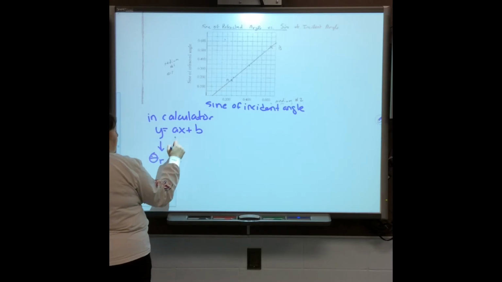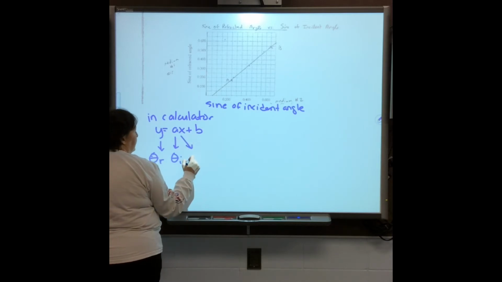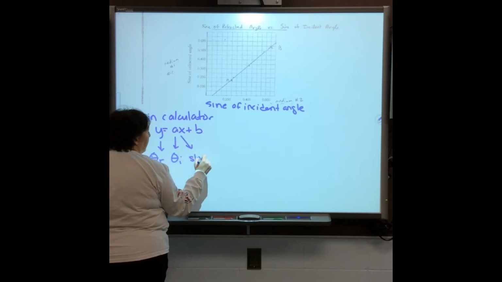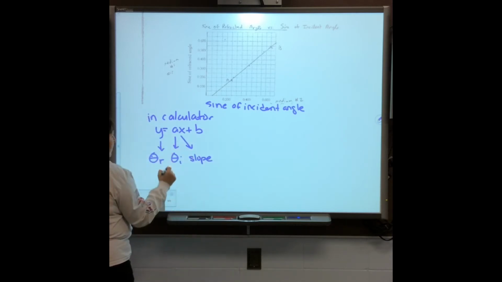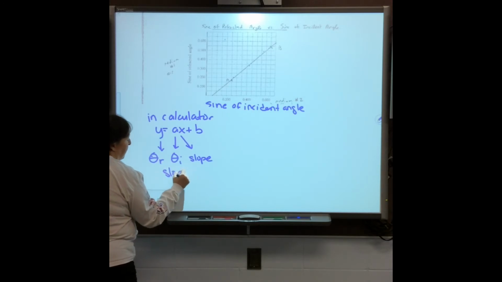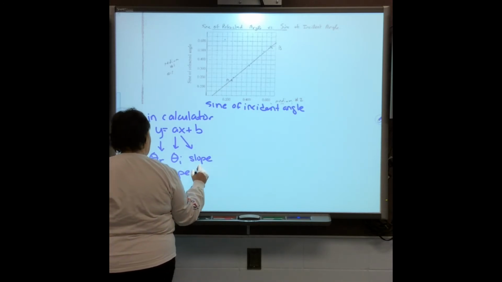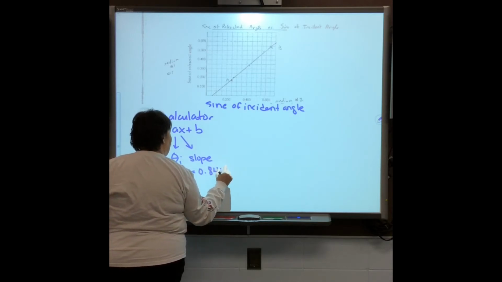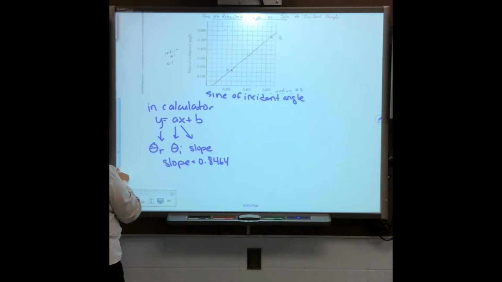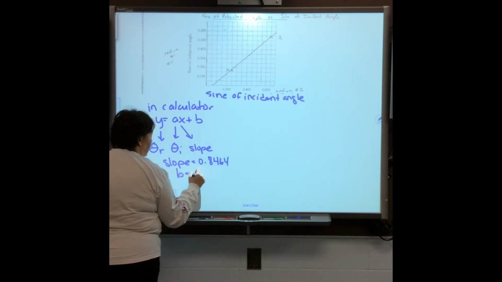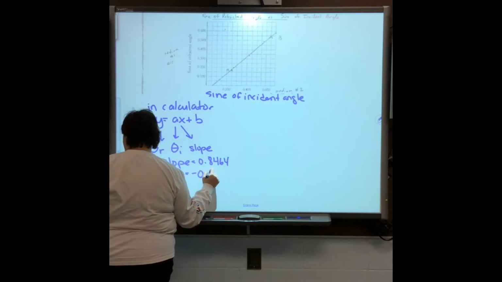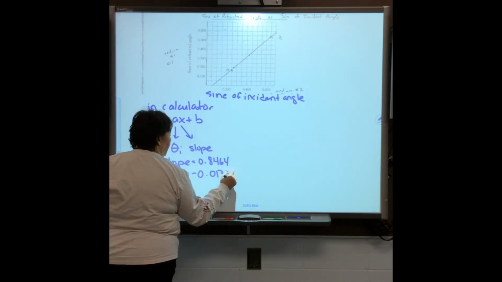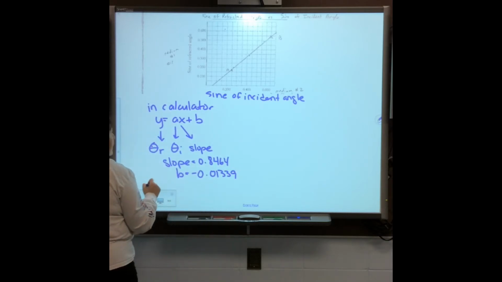And when you put it through your calculator, slope is going to be equal to 0.8464, and b is going to be negative 0.01339, which means that we won't be looking at b.